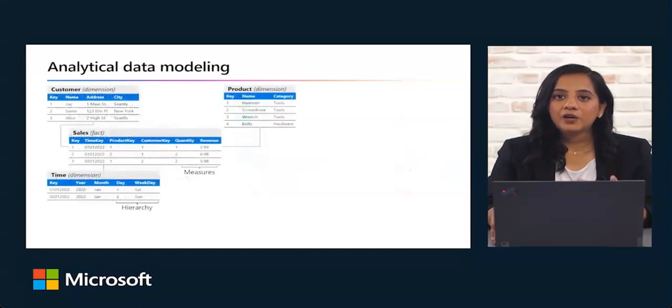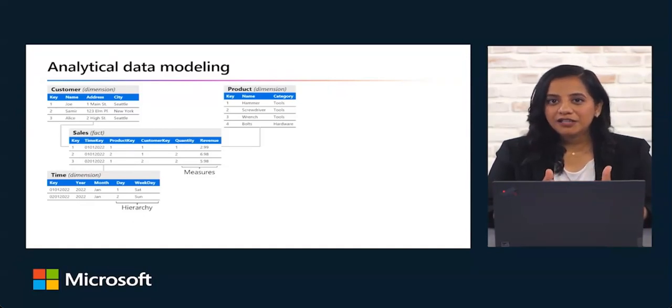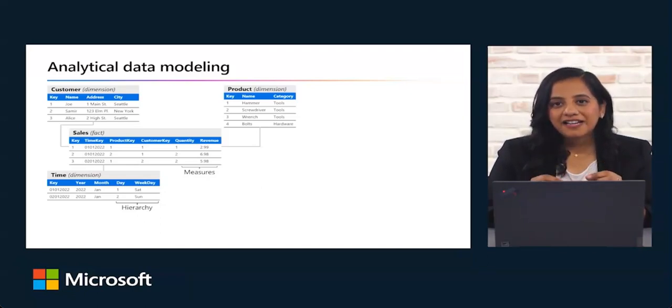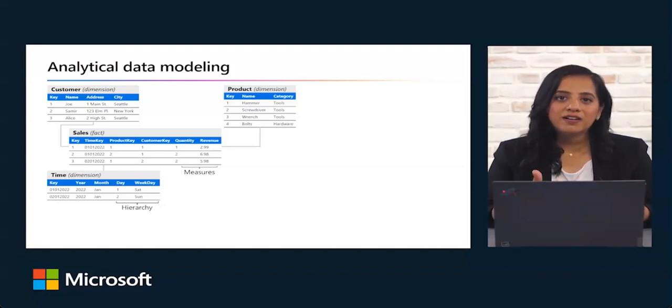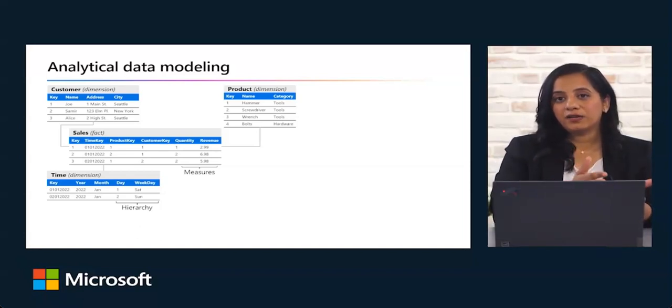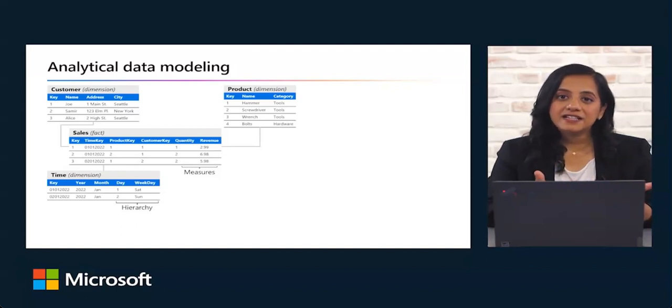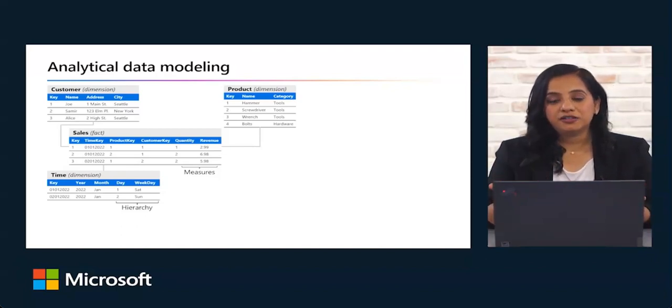Let's move on and look at some data modeling concepts. Analytical models here enable you to structure data to support analysis. Models are based on related tables of data and define the numeric values that you want to analyze or report, and the entities by which you want to aggregate them. The values are known as measures. The entities are known as dimensions.